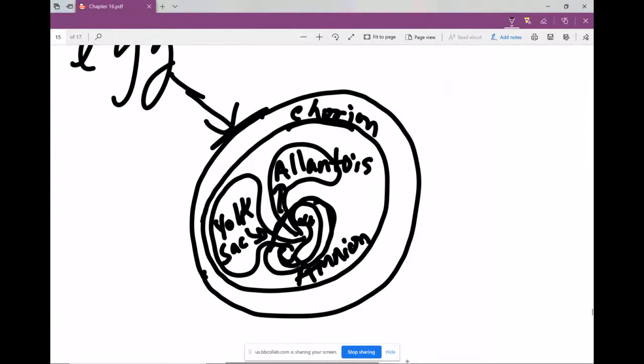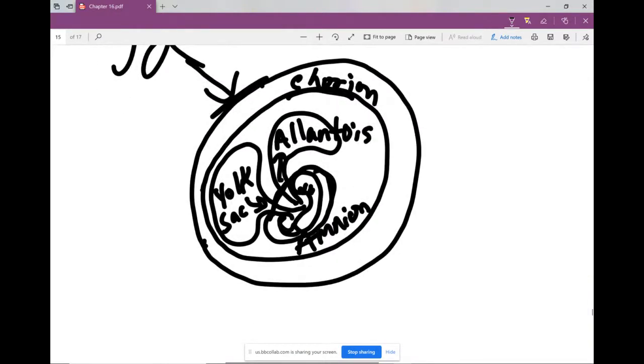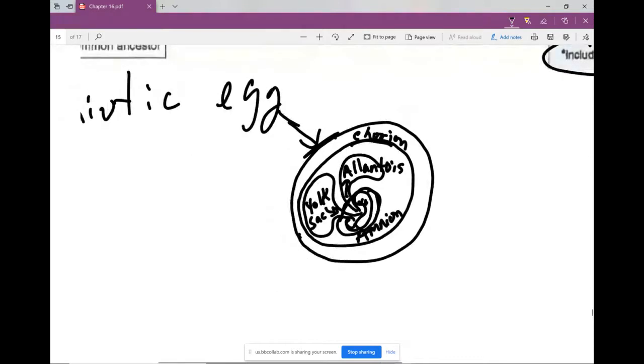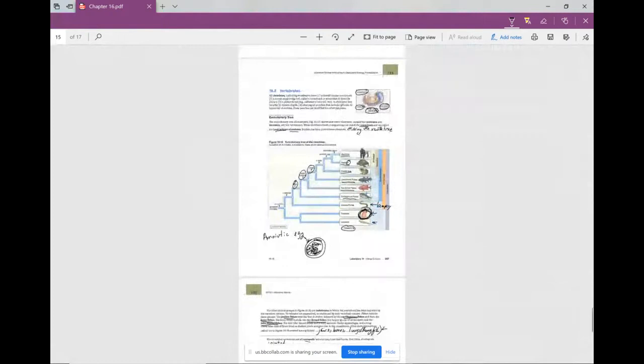But the amniotic sac remains a fluid-filled sac, and oftentimes they do tests on the amniotic fluid of a baby before it's born to check for things like trisomy 21 or other problems with a risky procedure, and it's only taken when necessary.